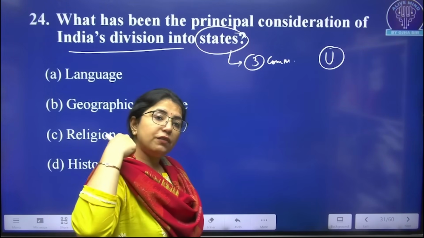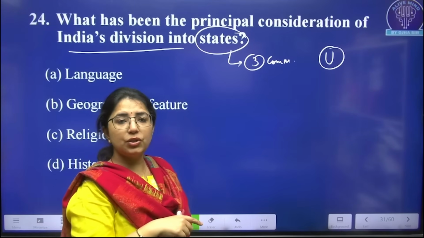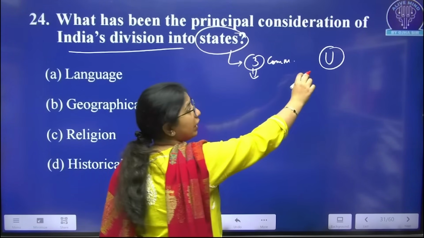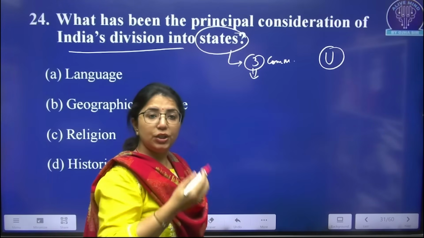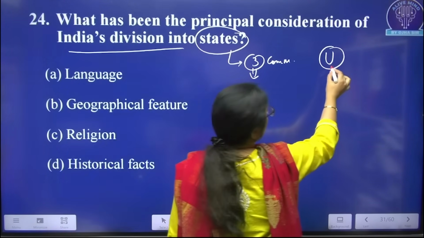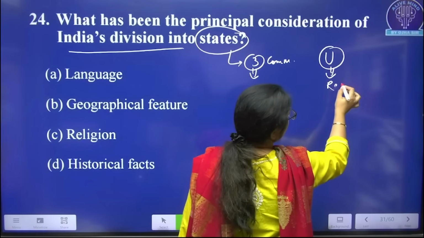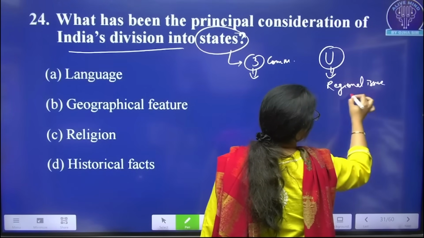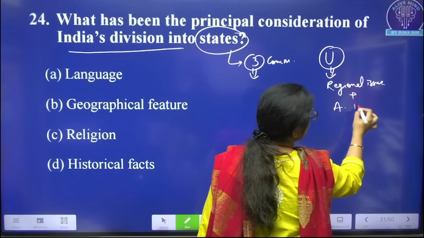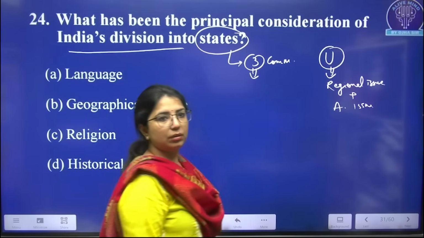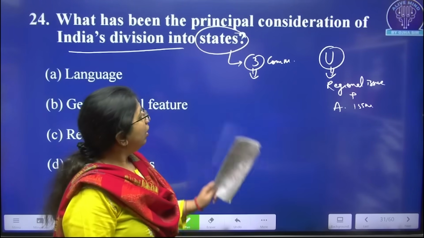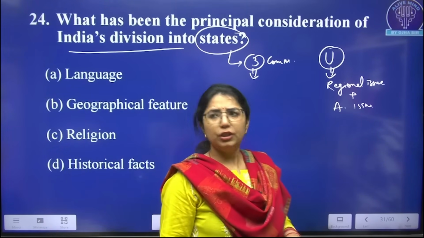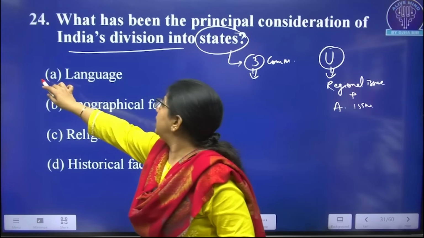If they would have divided it on the basis of the language, that would have raised many regional issues plus administrative issues. What were the 3 committees, that you will do in polity? So here the answer is language.